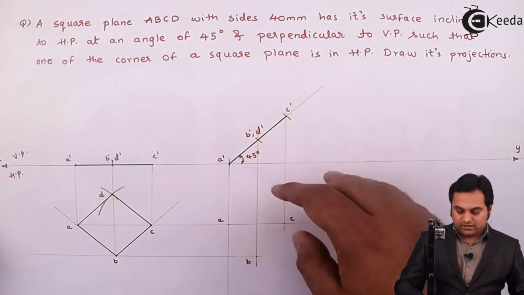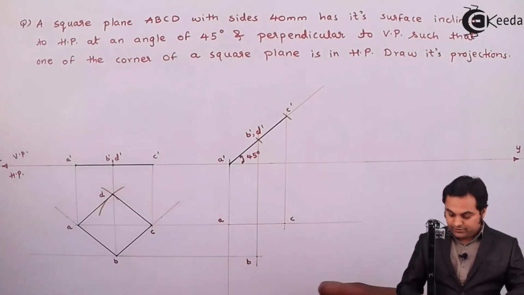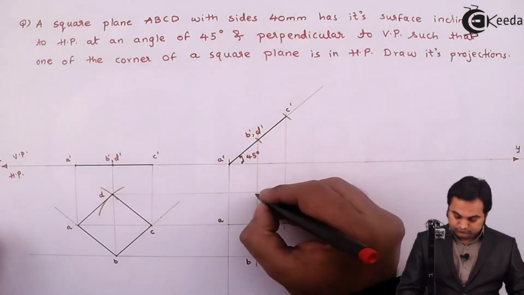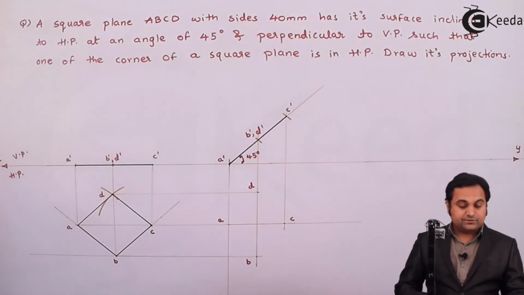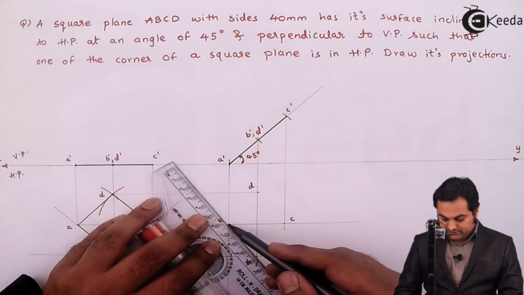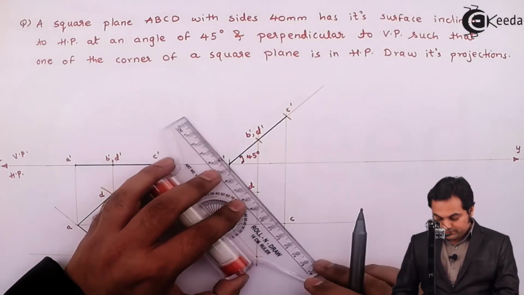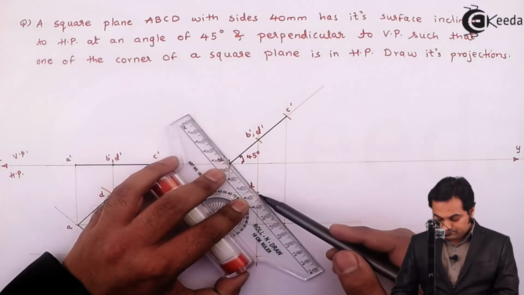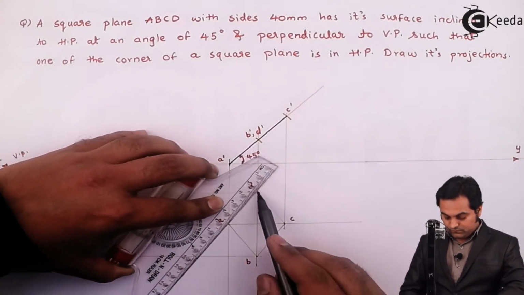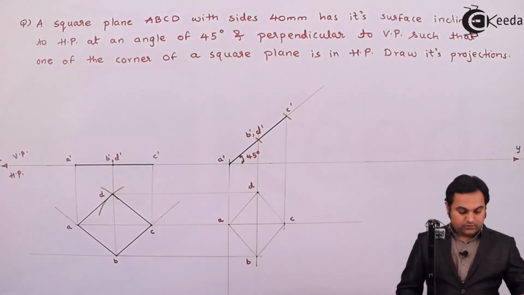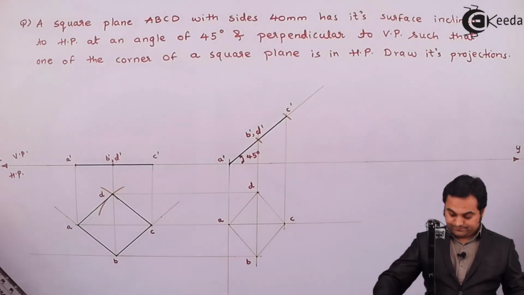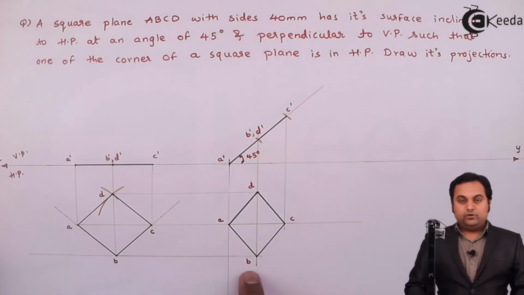Then B dash D dash are onto the same line, so projecting point D. Joining all these corners, A to B with the help of light line, D to C, B to C, and A to D. Now this is the square plane as we look from the top. I'll just make it dark. So in this way the square plane will be looking from top.